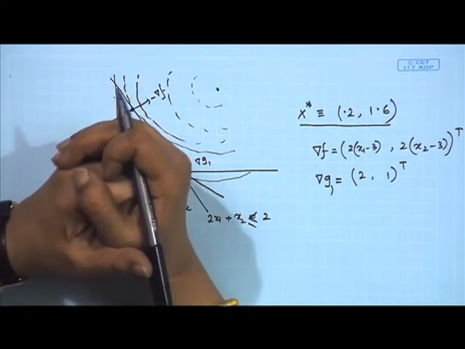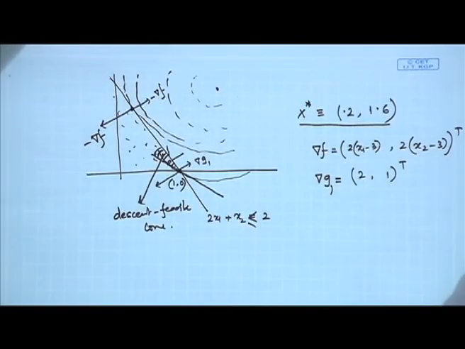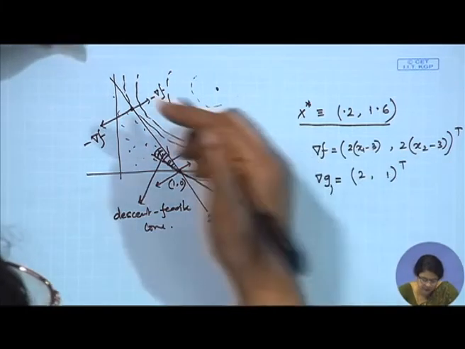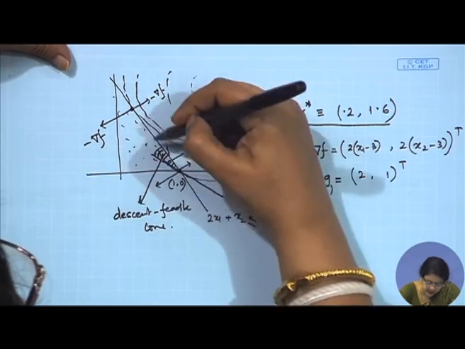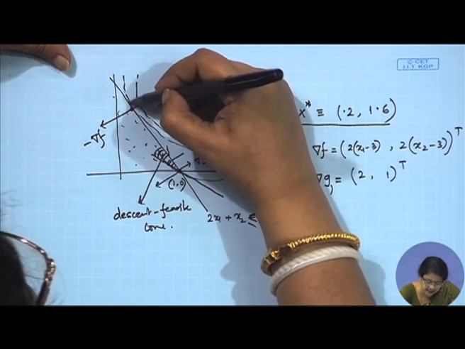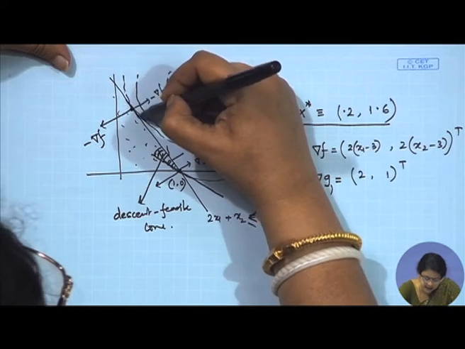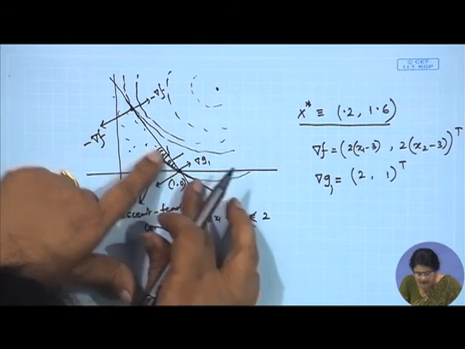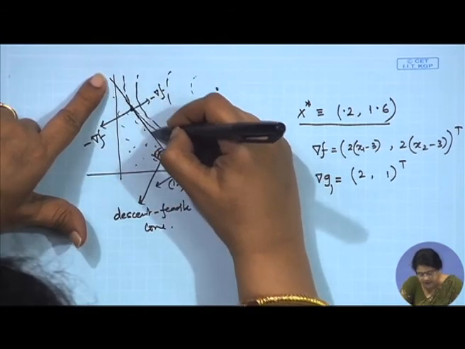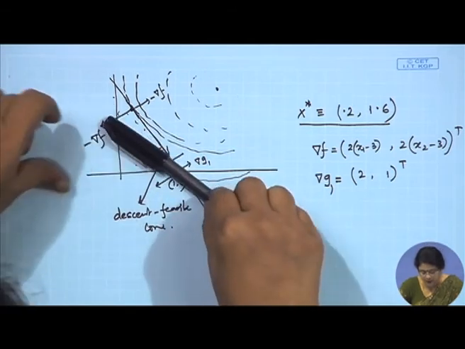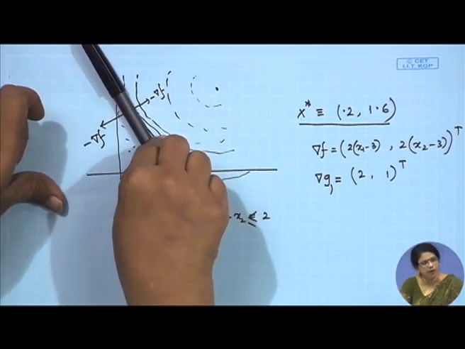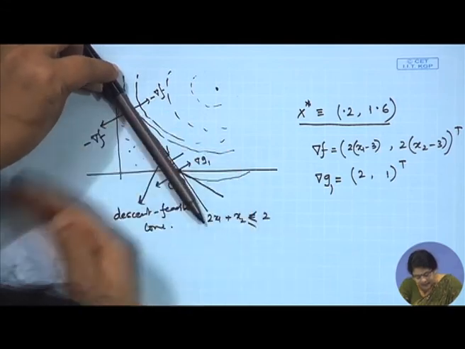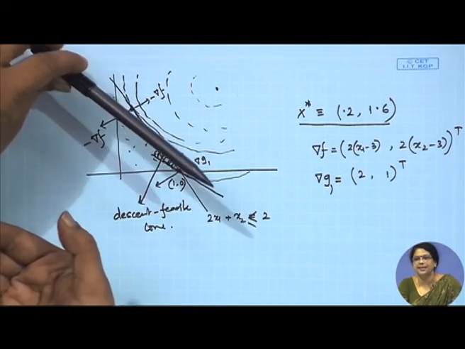Now what is the descent feasible cone at the KKT point obtained in 1? Now if I consider this as a KKT point, though this is the global optimal, it is also a KKT point. What are we getting at this point? We consider the tangent at this point. This objective function tangent will just move this way at this point, and this direction would be the descent direction.